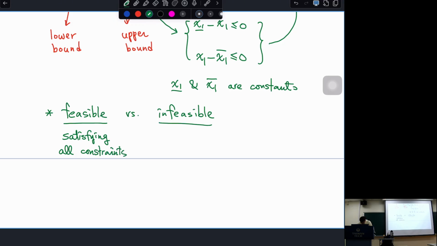And infeasible means violating one or more constraints. So if you violate one of the constraints, then that design point is infeasible. You have to satisfy all the constraints. Then that's a feasible point. Okay?